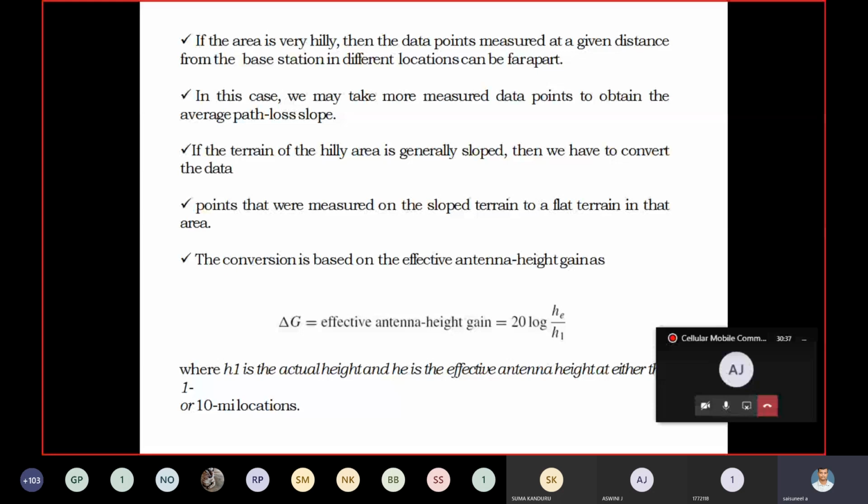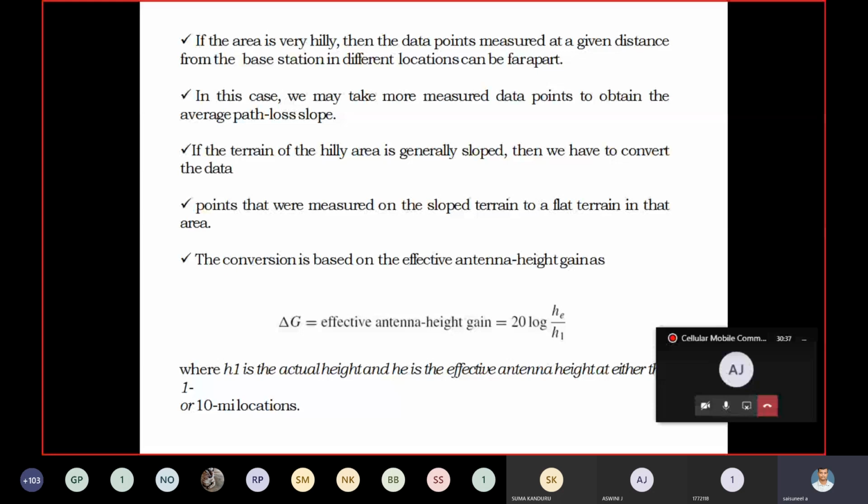At that time, we have to increase it to 300 meters. How much increase? That is HE, which is 300 meters minus the original 100 meters. We are getting 200 meters.